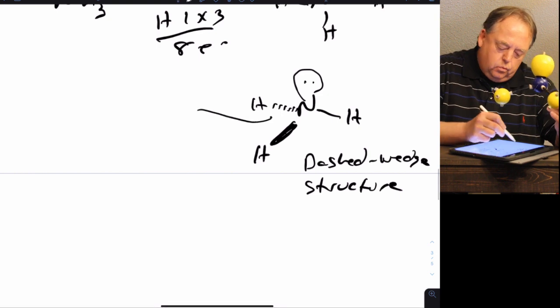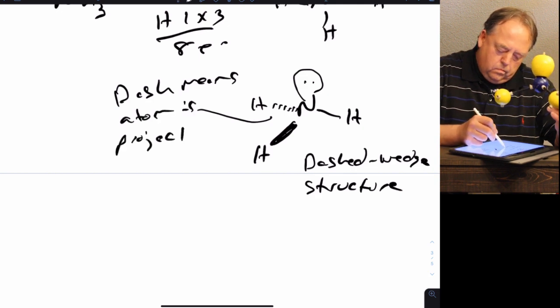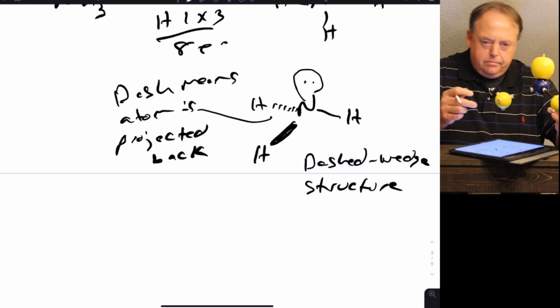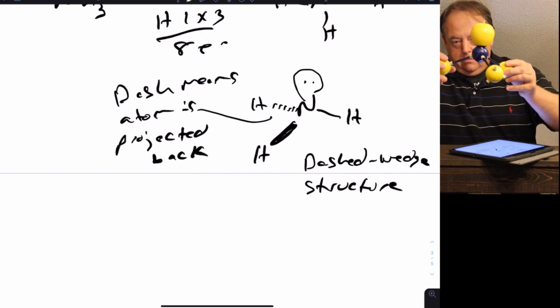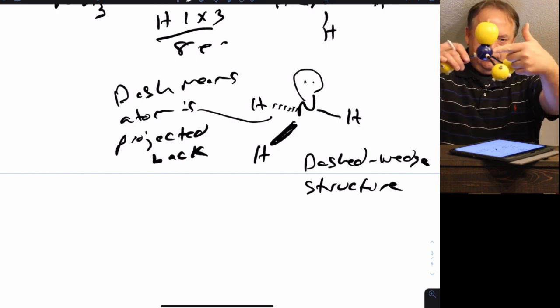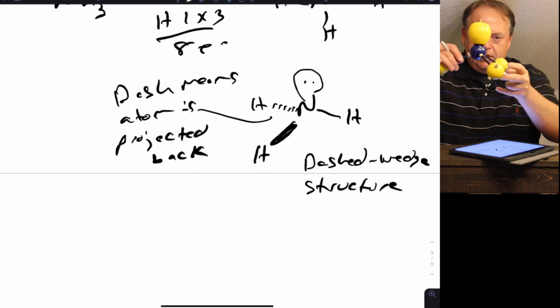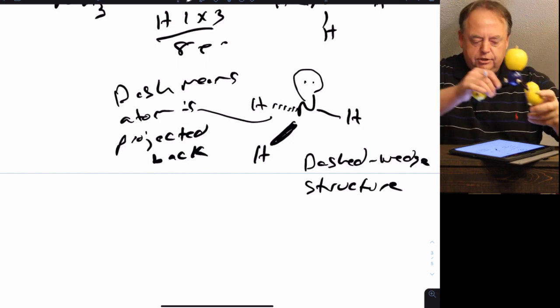Right, the dashed wedge means the atom is projected back. So for this molecule, from this perspective, this hydrogen is going away from you, so that would be on the dash, and this hydrogen is coming towards you, so that would be on a solid wedge.